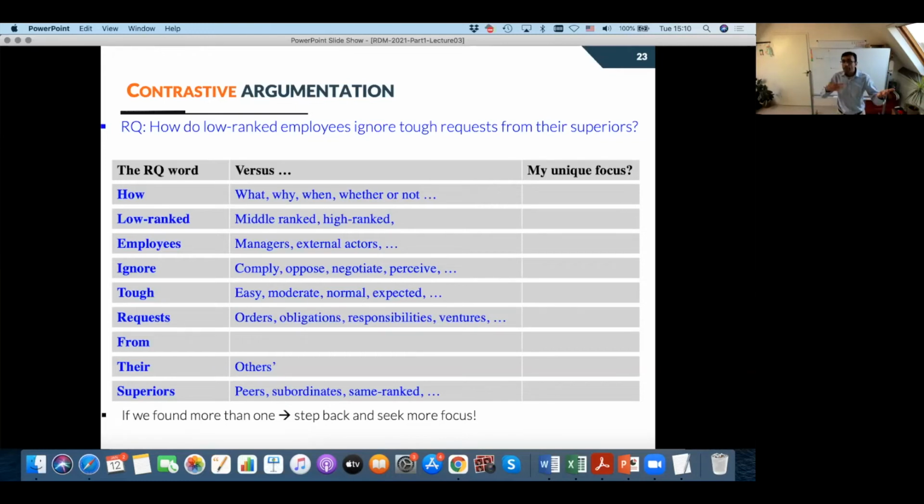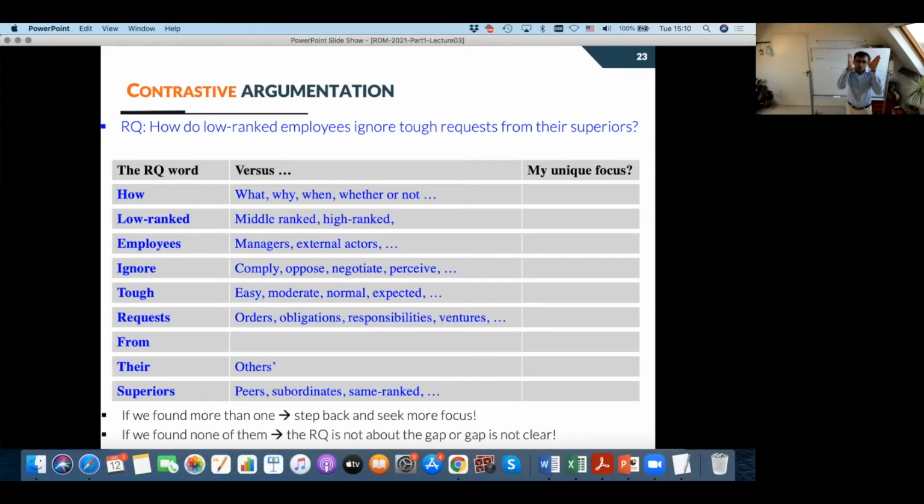All these can give you alternatives to think about the possibilities of writing a research question. And depending on which one you want to choose as the focus of your own research, which is more interesting or feasible, you can tick them and make a new version of your research question.